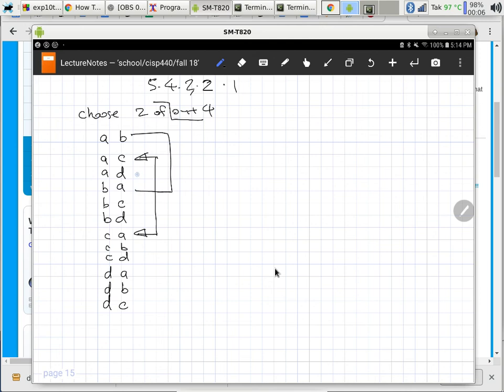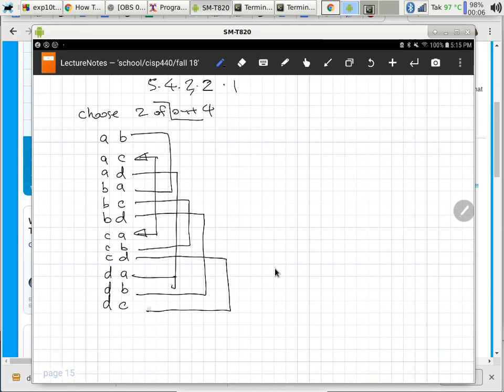AD and DA counted as 1. Let's see, BC and CB is 1, BD and DB is 1, and then CD and DC is 1. There we go. Okay, so we are counting 1, 2, 3.